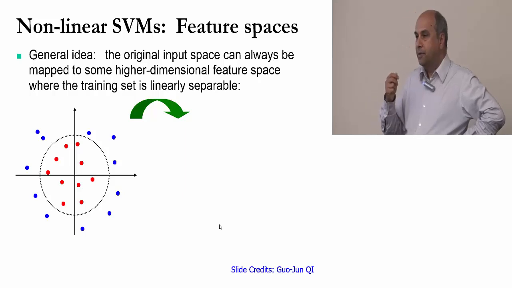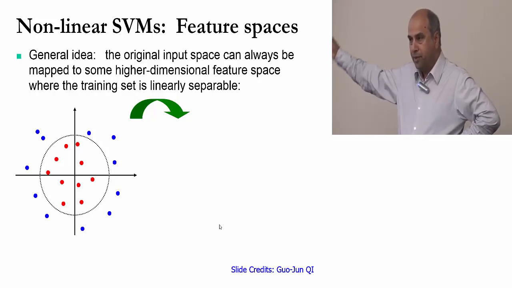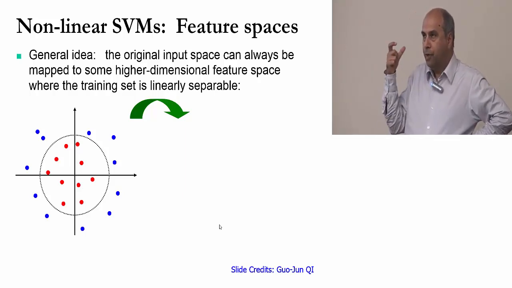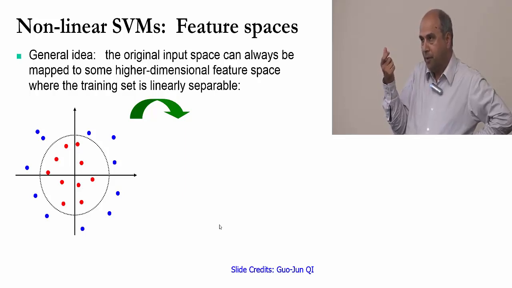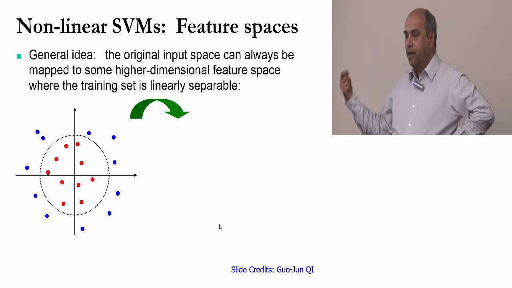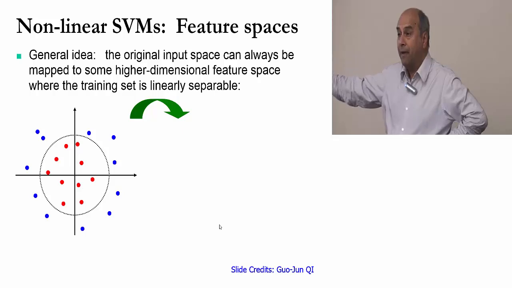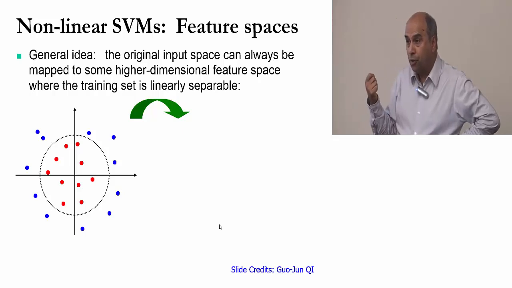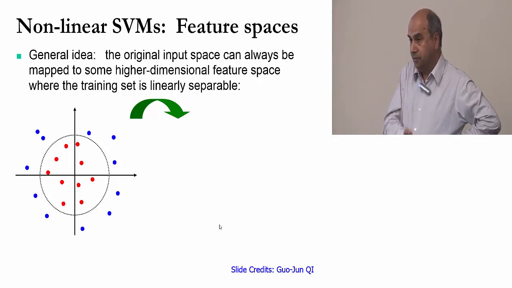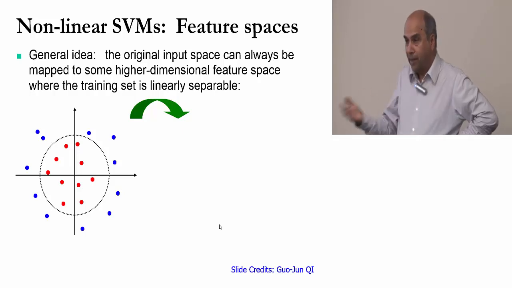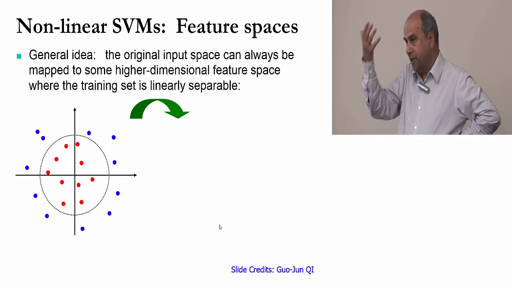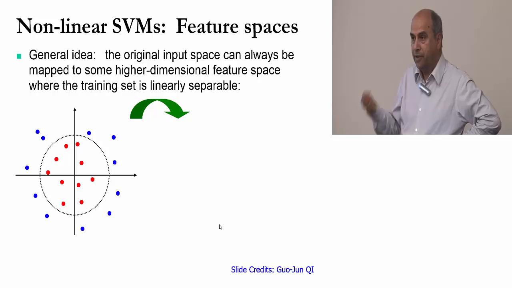So we say, well, let's just use this kernel to find the dot product of two vectors in the original space. Now we want to find the dot product of these two vectors in the phi space. And we show that we can do that very easily like that. And then that's it. Then we just treat it as a linear SVM.